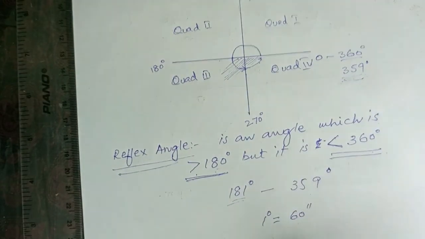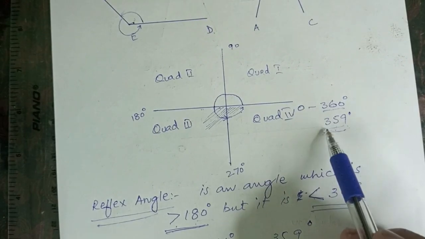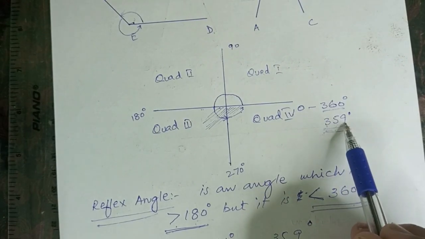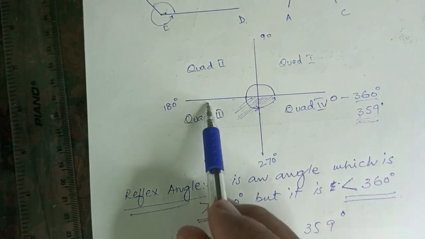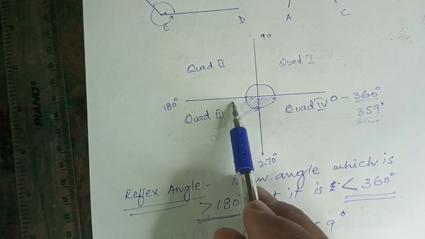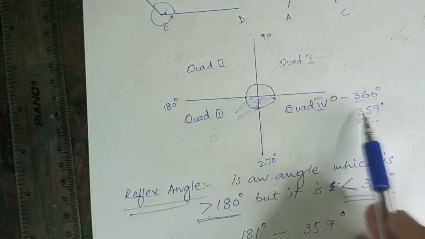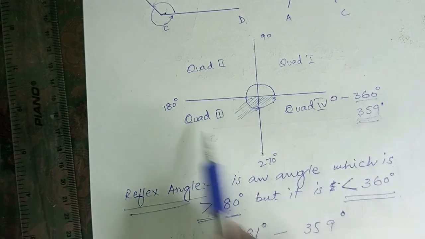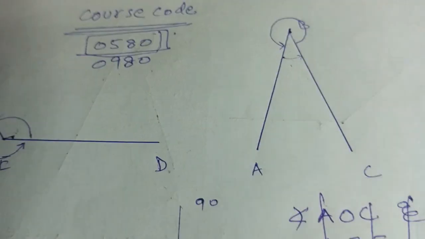So to be rounding, I can say that this is 359 degrees, and this portion starts from 181 degrees.